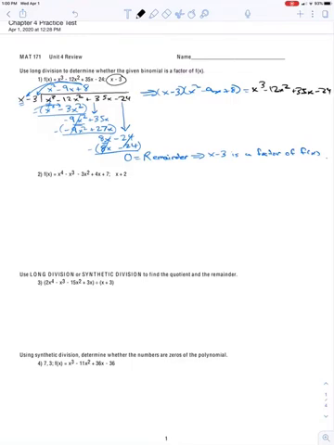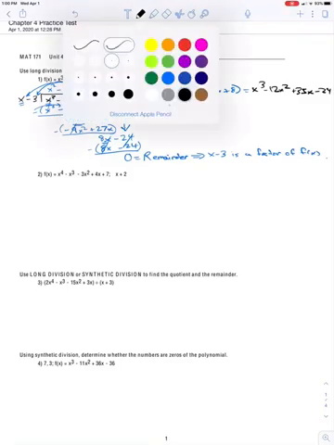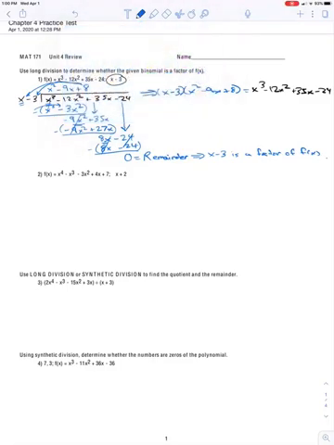Again, divisor times quotient gives us our dividend. So again, we can always check. So here's our divisor, and here's our quotient. It's a quadratic polynomial. And of course, that's our dividend, what we divide it into. That's f of x.